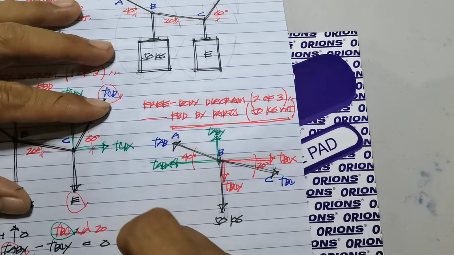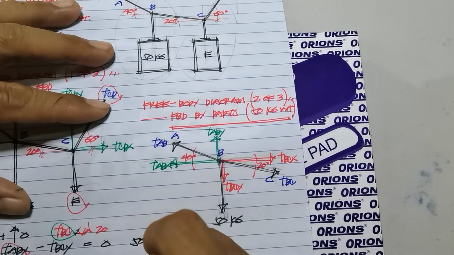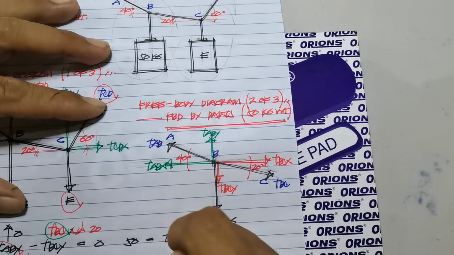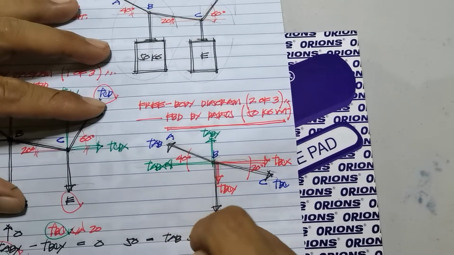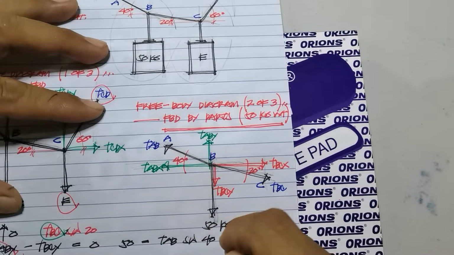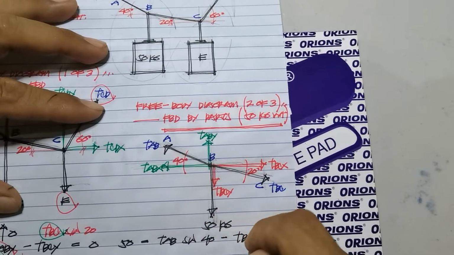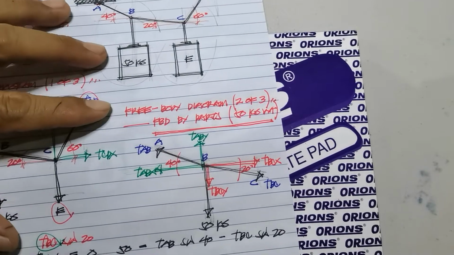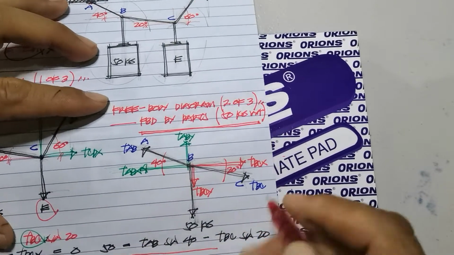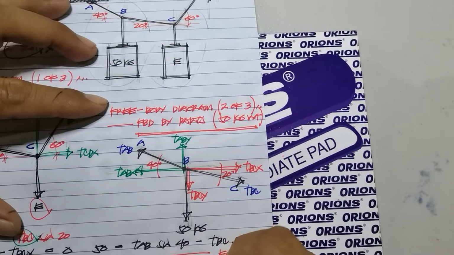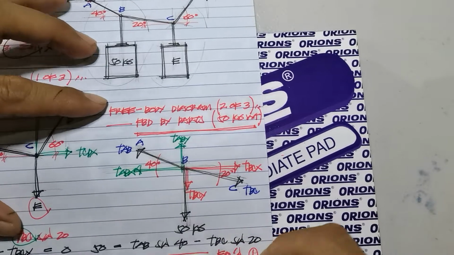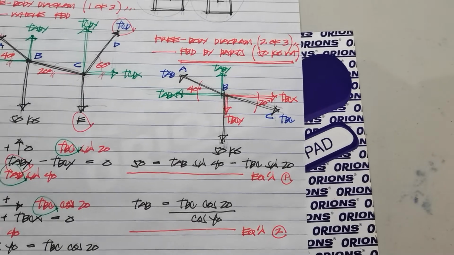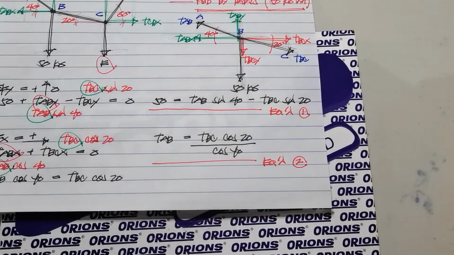So, you have 50 is equivalent to TAB sine ng 40 minus TBC sine ng 20. So, in this case, ito naman will serve as equation number 1. Okay. So, equation number 1. So, ito naman is equation number 2.